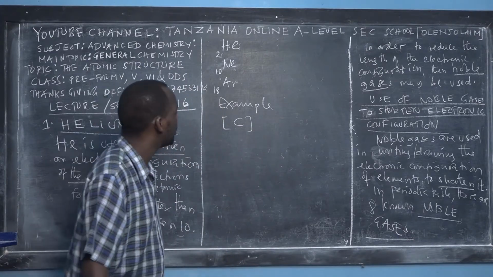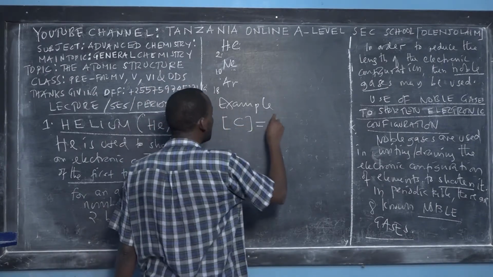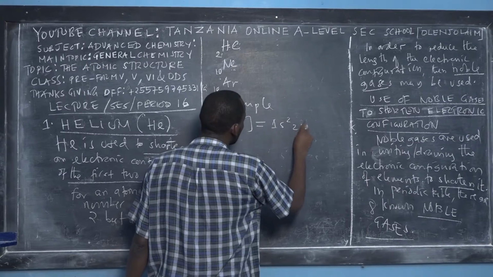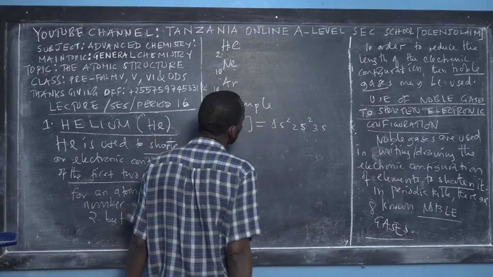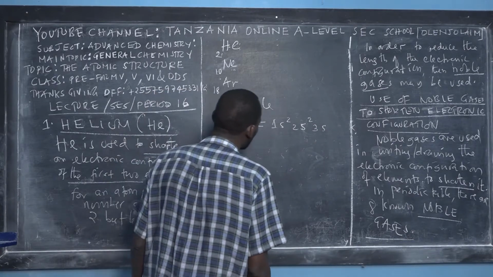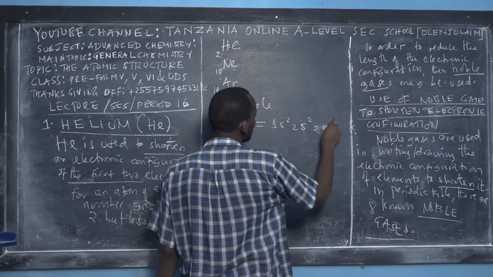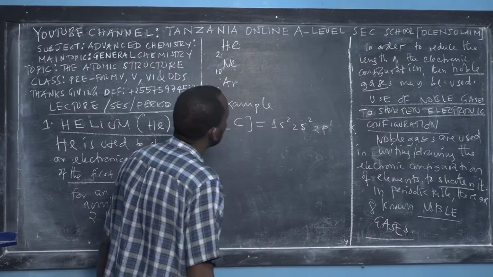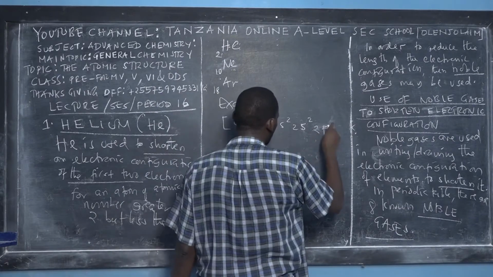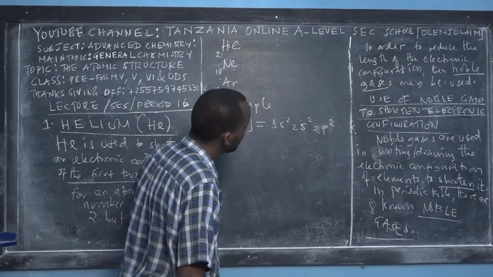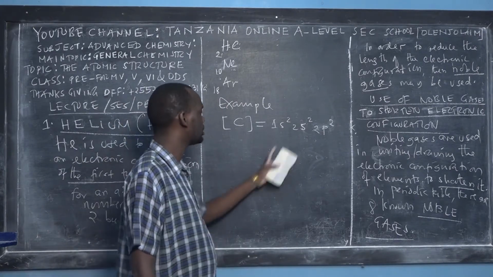To write the electron configuration of carbon, I told you that we say 1s, 2s, and then 2p. So we have 4 electrons, we have 2 electrons, so that is the electron configuration of carbon with 6 electrons.